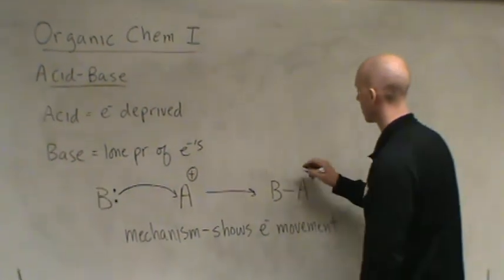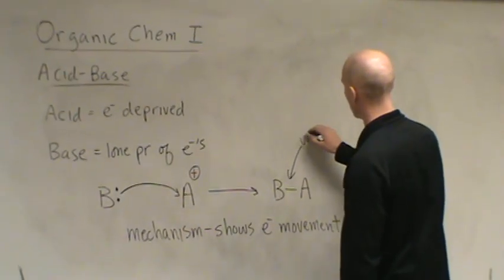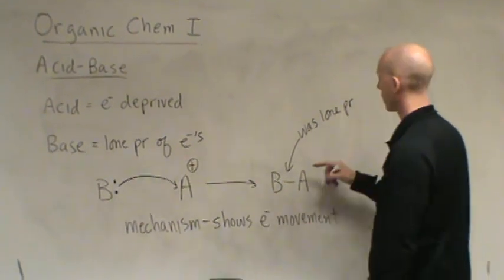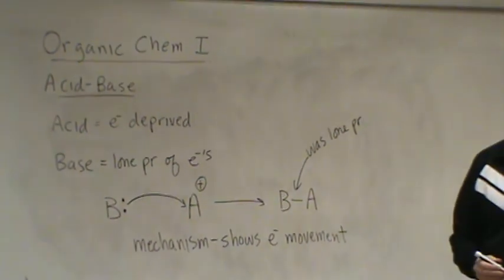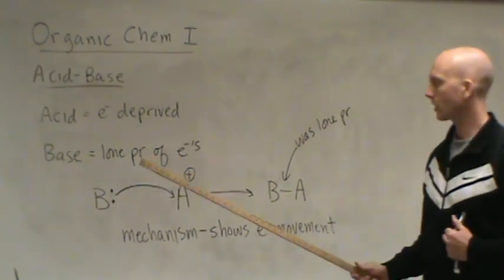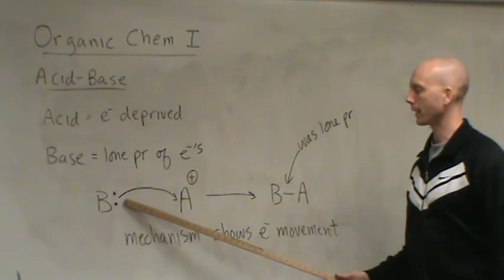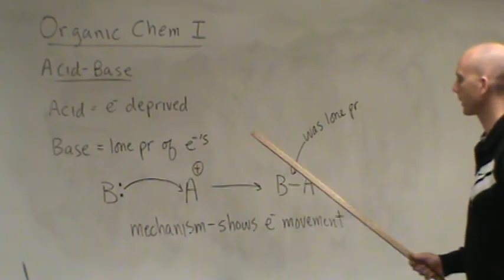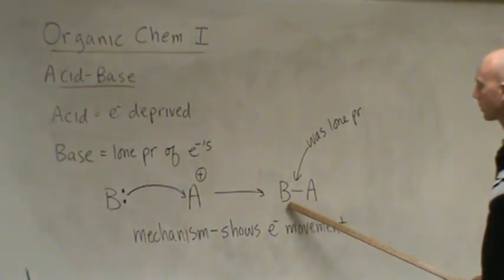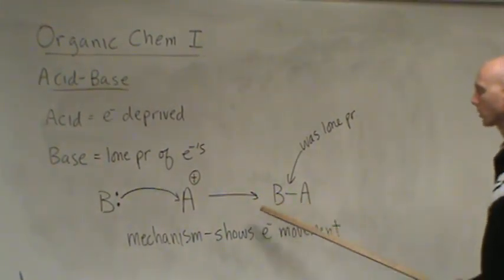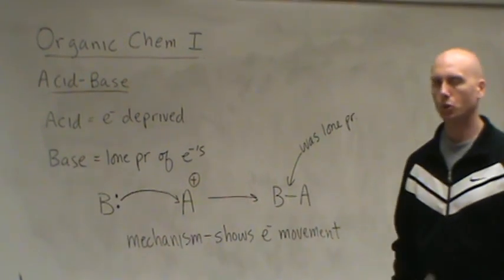And that bond was formed from the lone pair of electrons on the base. So these electrons went from being non-bonding or a lone pair to becoming bonding between A and B. And so here we've made a molecule between these two groups.